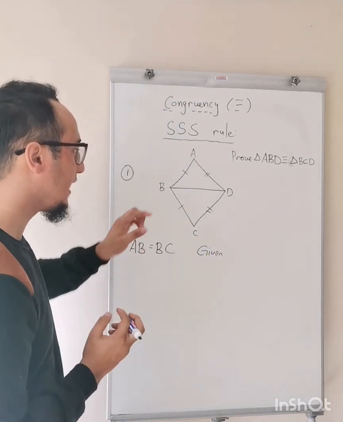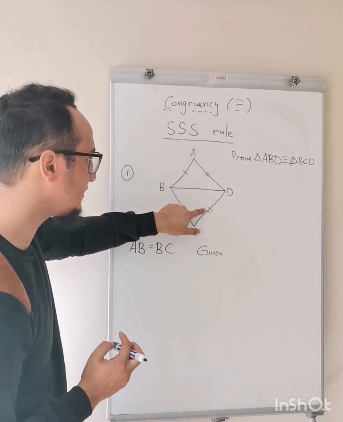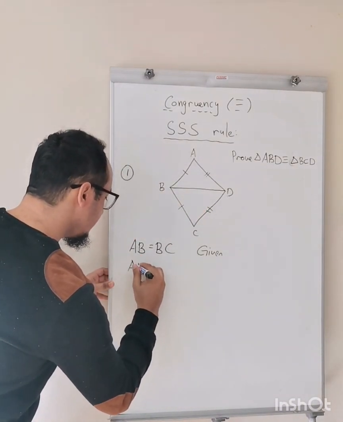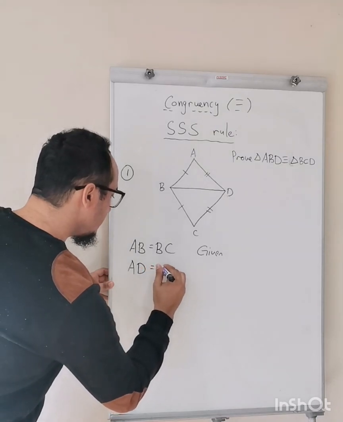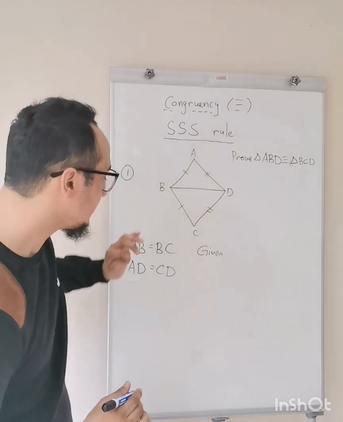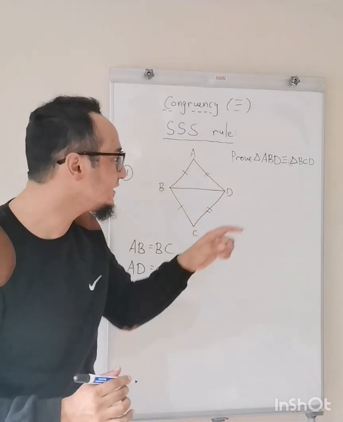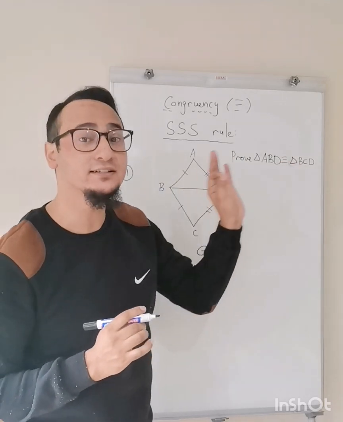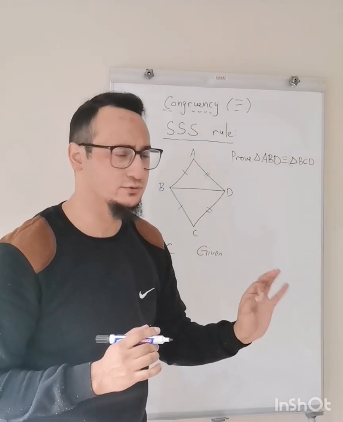The next one, I see two lines, meaning that AD is equal to CD. Now be careful of saying DC. Notice the reason why I said CD is because in my second triangle, the letter C comes before the letter D. So you always follow that rule over there.